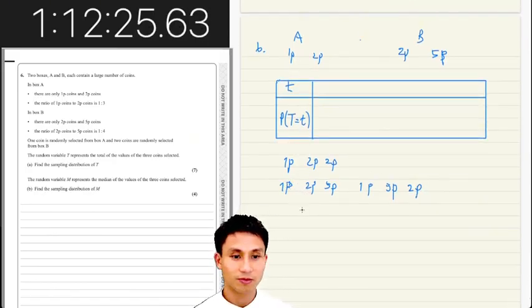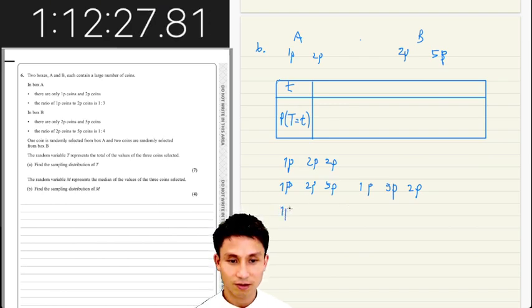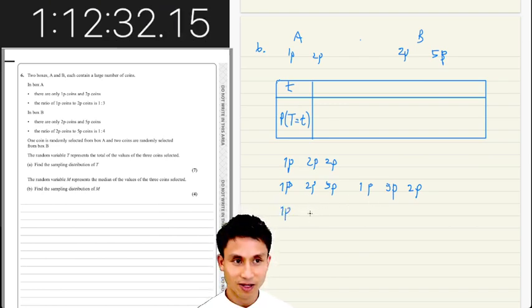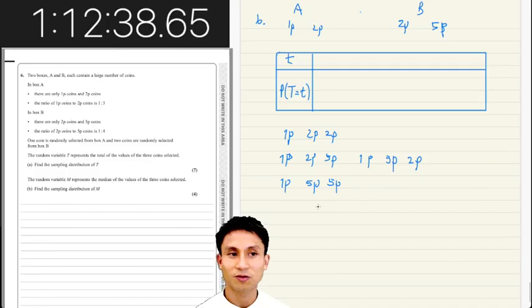It's just kind of like tree diagrams. And then I could also have 5 pence and 5 pence, right? That's it for the 1 pence.